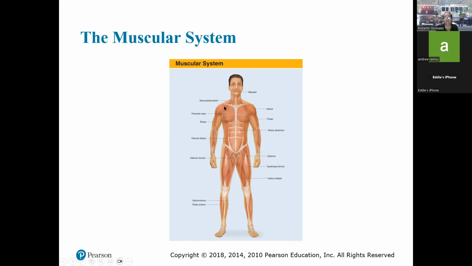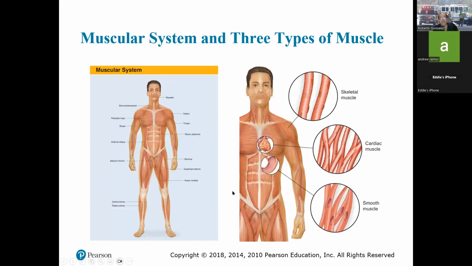You have the sternocleidomastoid, which goes from the mastoid process to the sternum, to the clavicle to the sternum. Sternal mastoid bone, muscle. Jeez. And so forth and so forth.